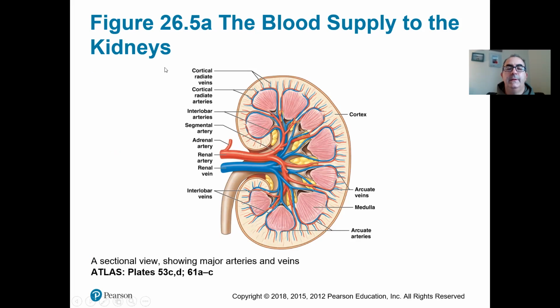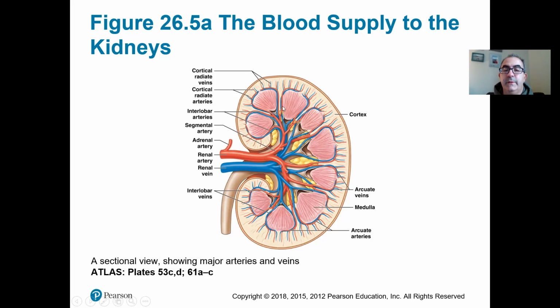So blood is coming into the kidney through arteries, so we're talking about the red blood vessels. This is your renal artery, this big one. It's a big branch off your aorta. Your renal artery then branches into smaller arteries called segmental arteries, which branch into even smaller arteries called interlobar arteries.